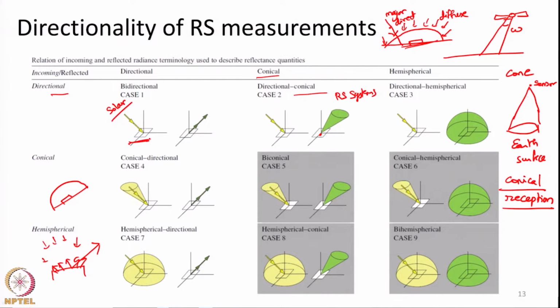The energy from the sun essentially comes in the form of a cone, because that is also a very small solid angle, but still it falls on the earth's surface conically. We can assume it is coming from only one particular direction, not within a small cone.